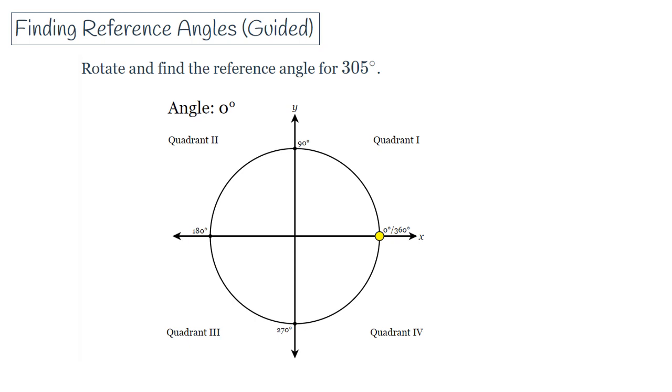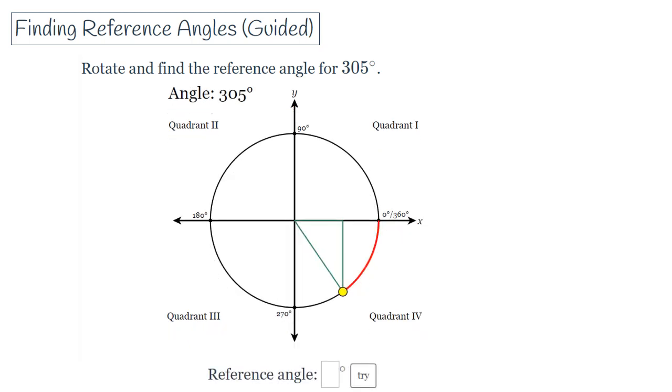So again, 305, you draw the angle, you get something like that. The reference angle is this angle right here, again with the x-axis and the hypotenuse. Remember that 305 is all the way to there. How we figure that angle out is, we think about if we went all the way around, that's 360.